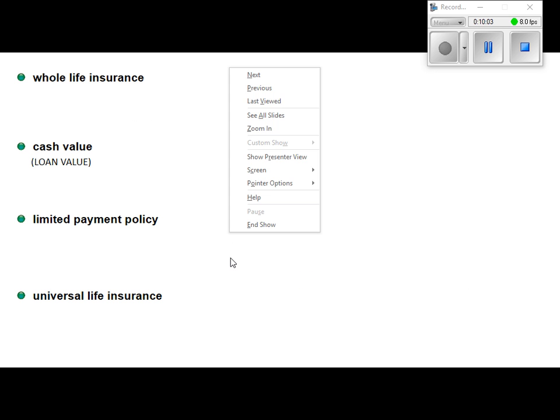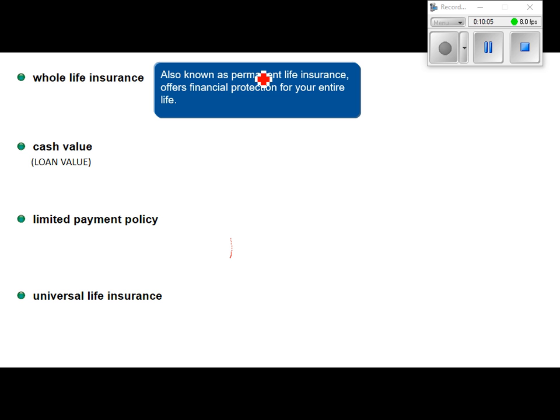Some other kinds of life insurance. Whole life insurance, also known as permanent life insurance, offers financial protection for your entire life. So if you get a whole life plan, you're saying, all right, I'm going to pay this premium for, sometimes it'll be a set amount of time. I'm going to pay this premium for the next 20 years.